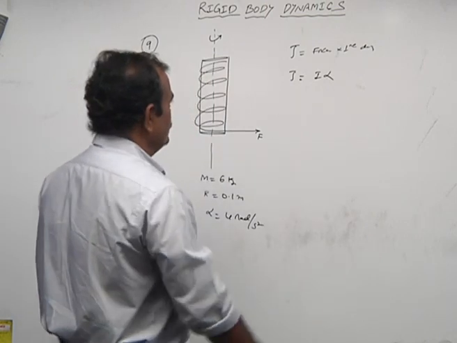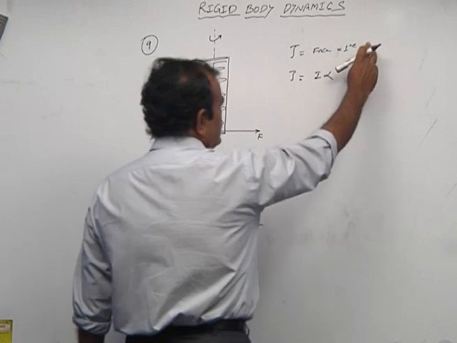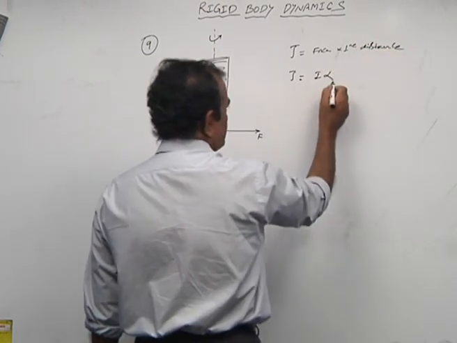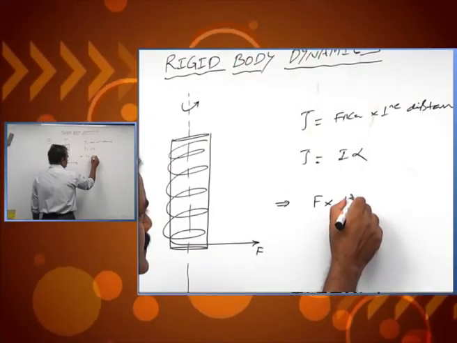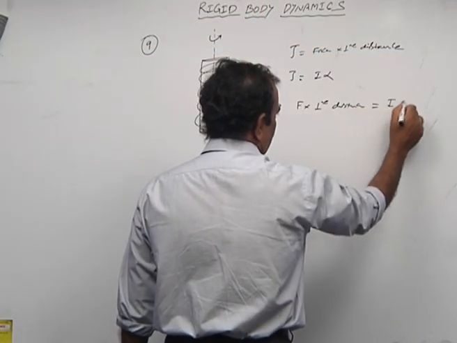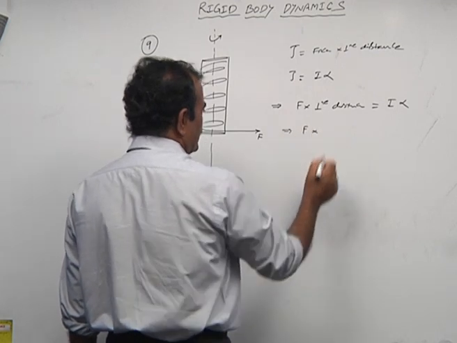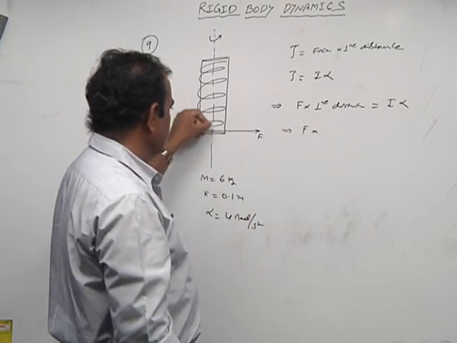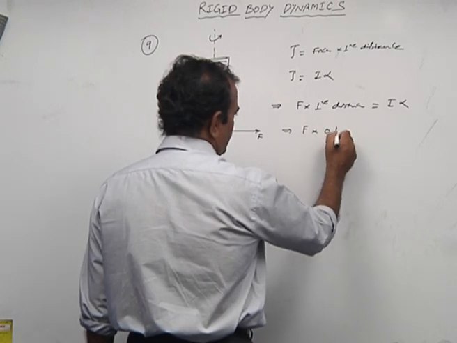What is the force to be applied? Once again, torque is equal to force into perpendicular distance, and torque is equal to I alpha. This implies force into perpendicular distance is equal to I alpha. F is what you are supposed to find out, and the perpendicular distance, because it is a tangential force, is nothing but the radius, which is 0.1 meter.